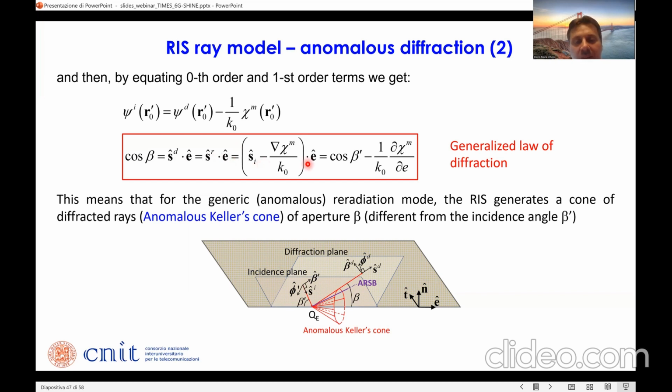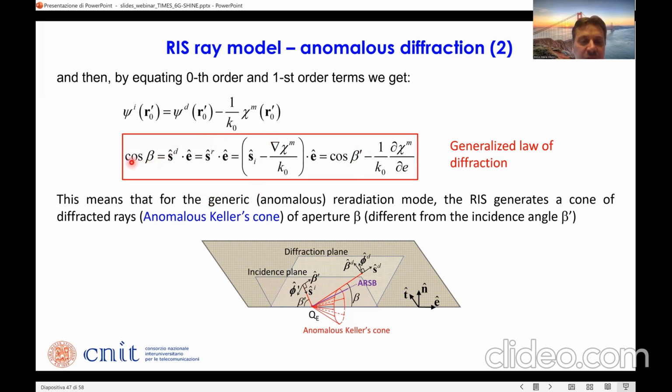So according to the classic UTD theory, the aperture of the Keller cone beta is equal to the incident angle on the edge, beta prime. In our case, the two angles are different.